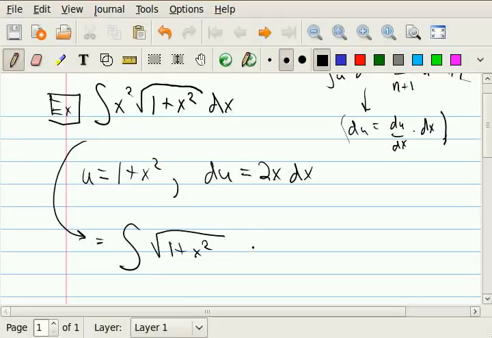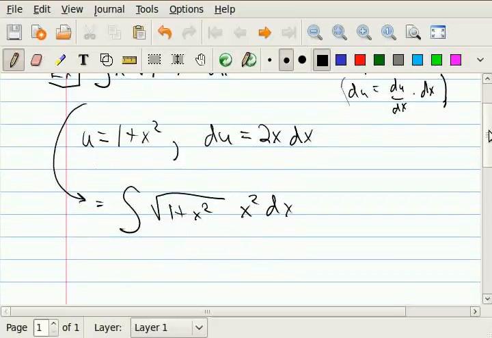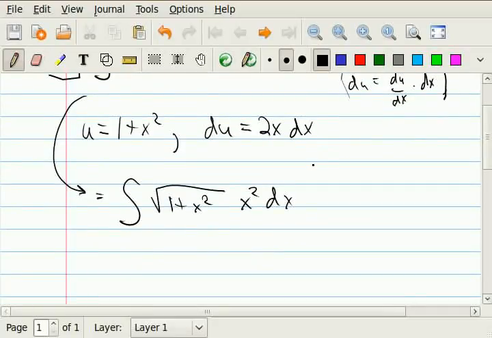That's nice. And then we've got x squared dx. I just moved the x squared over and wrote it as the second factor. Well, if you look at this, you can see we're kind of in trouble. This is, of course, the square root of u. We can make that replacement, but we need 2x dx, and we've got x squared dx.